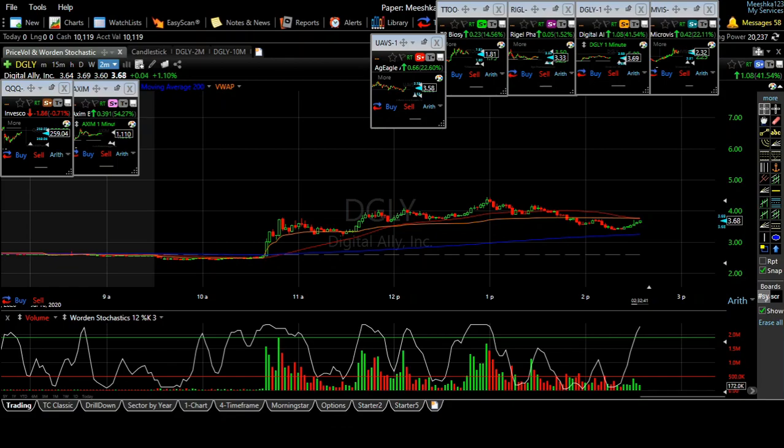I was seeing a little bit of weakness in DGLY, but then it kind of faked me out. I got out at 363, in at 348. I was trying to get filled at 369, but there was a little fake out on the 2-minute candle right there. I thought it was going red, so I got out. DGLY about a 5% gain, roughly, give or take.